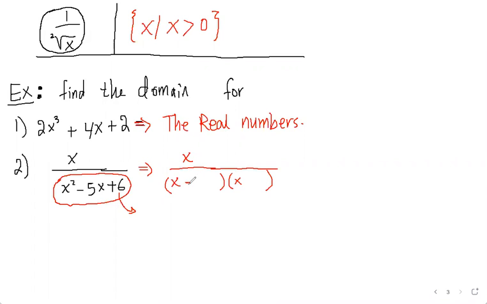So this is not the factor. Martin said x minus 3, x minus 2. Let me check: minus 3 times minus 2 gives me 6. Good. And the sum of these two numbers gives me minus 5. Perfect. So the factors are x minus 3 and x minus 2.